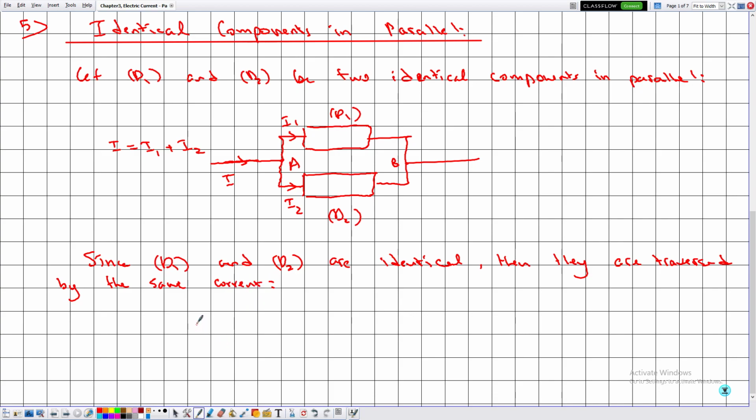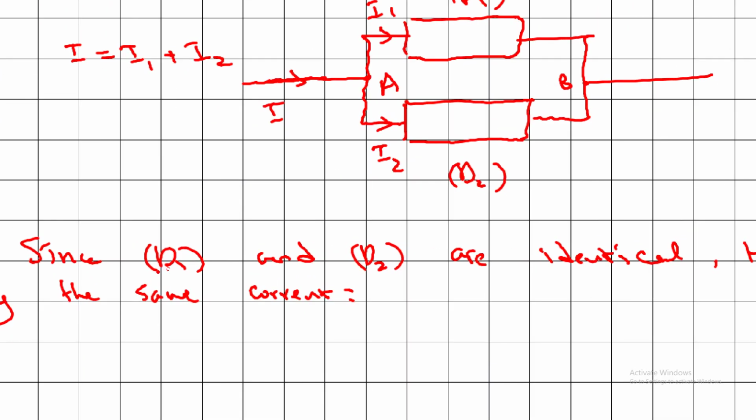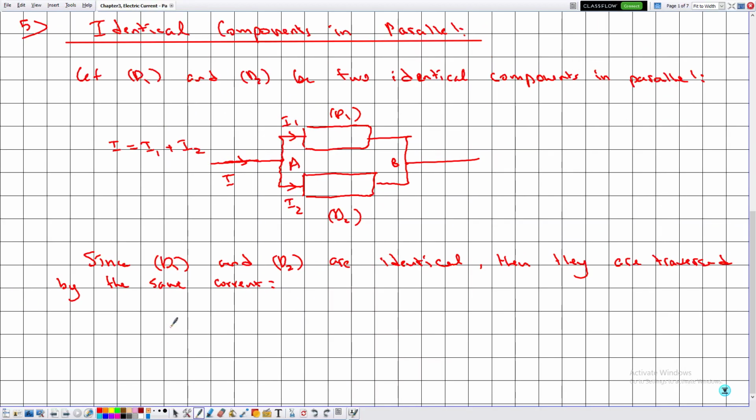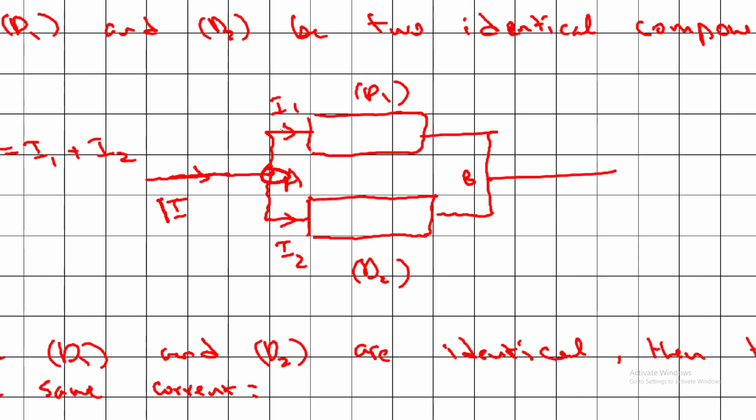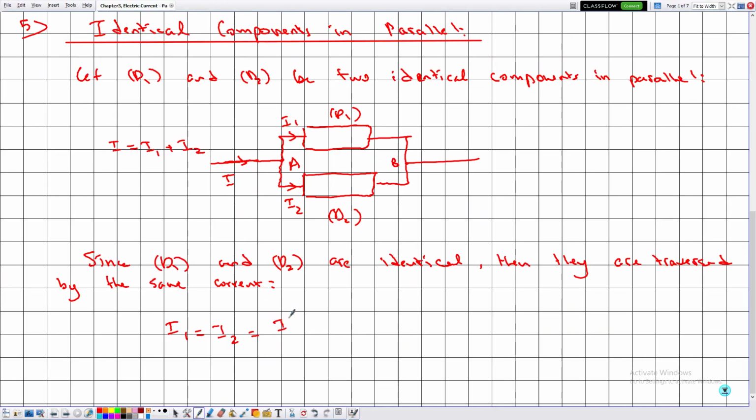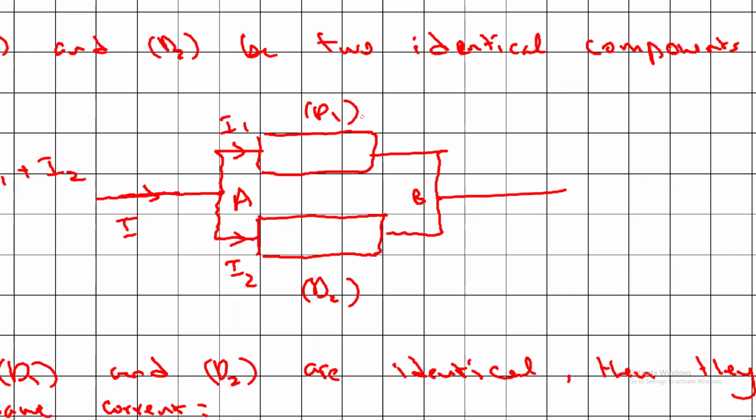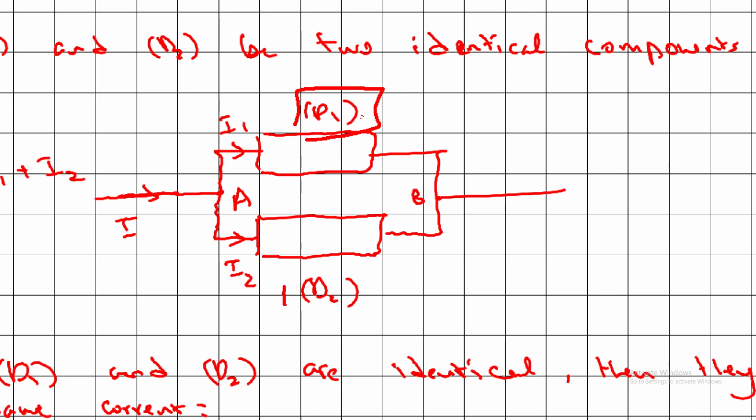So what does it mean that they are traversed by the same current? That the current of D1 is equal to the current of D2, which translated into the mathematical formulation is equal to the main current at the point A, which is I, divided by the number of components, which is 2.